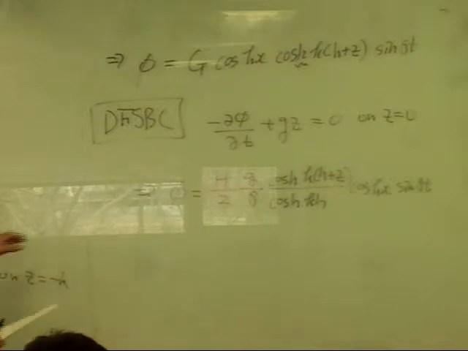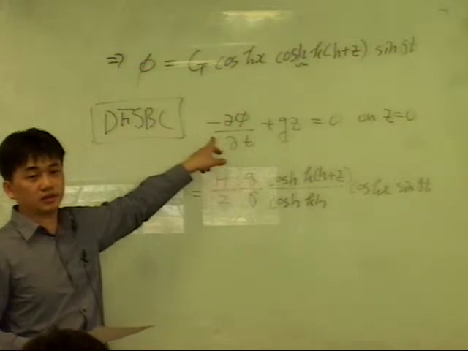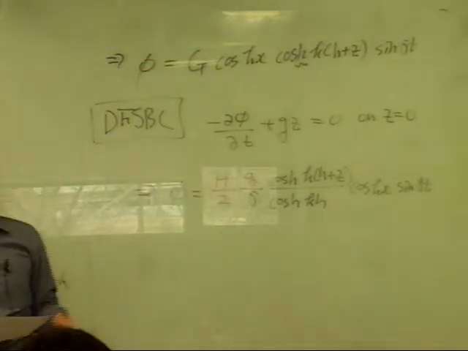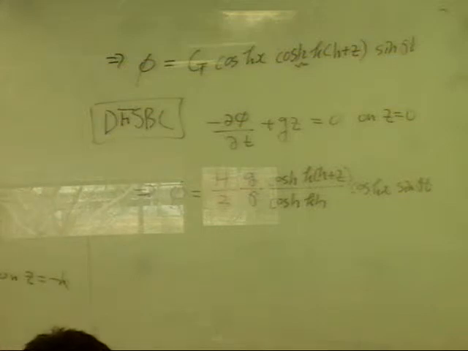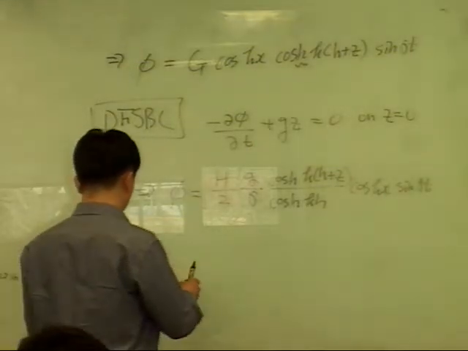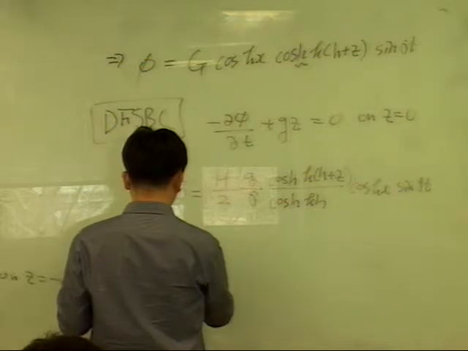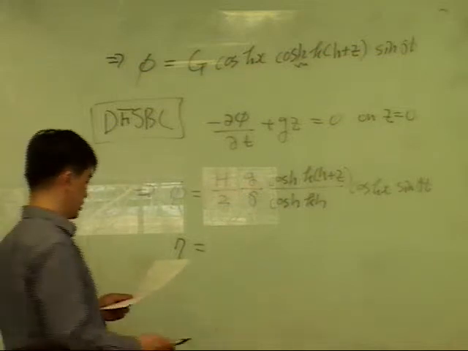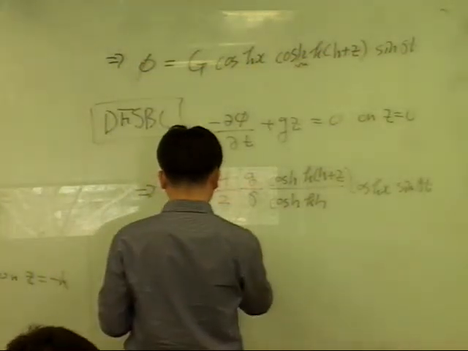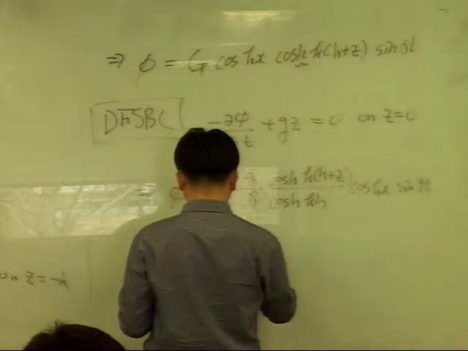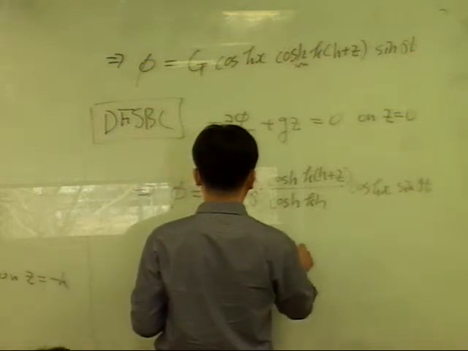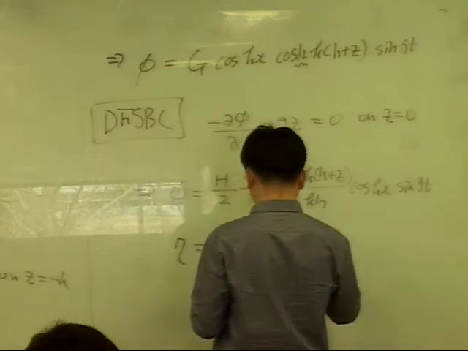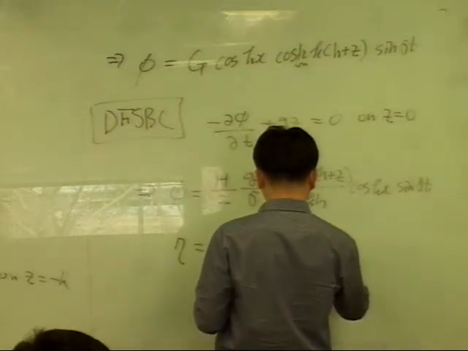Actually, applying the boundary condition is not a big deal. You can do it by yourself. And from this potential function, we can calculate the surface function, 2 over h cosine kx cosine sigma t.